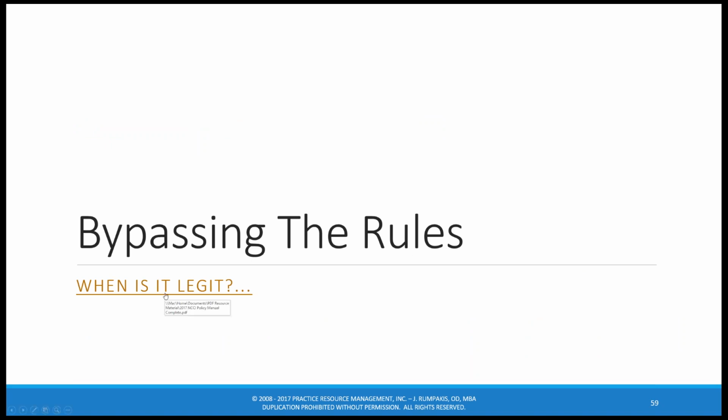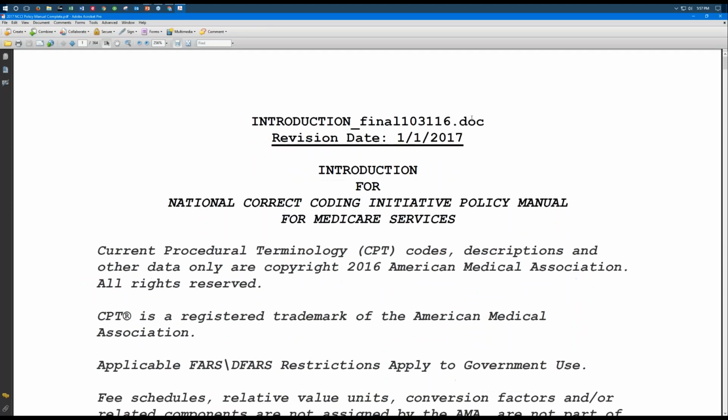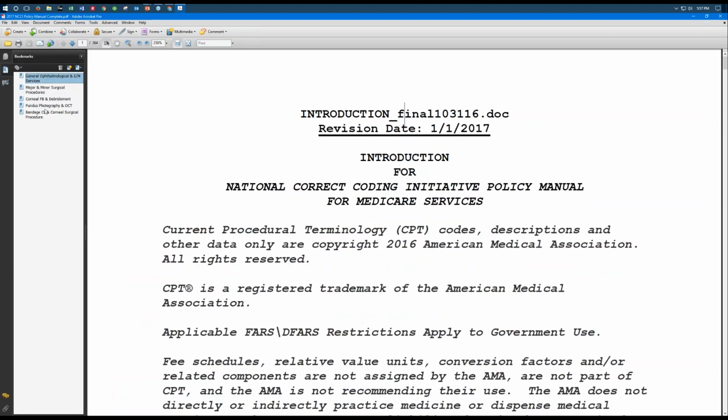So rather than taking my word for it, let me show you the exact publication. This comes directly from CMS. I wanted to make sure you understood I am using the 2017 guidelines, and it is the final document. I'm going to go right here to doing fundus photography and OCT on the same day.